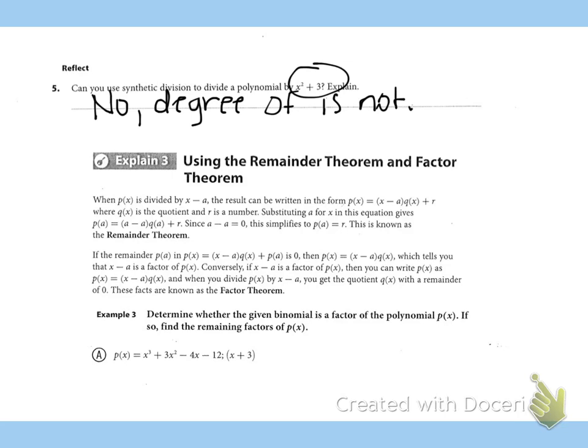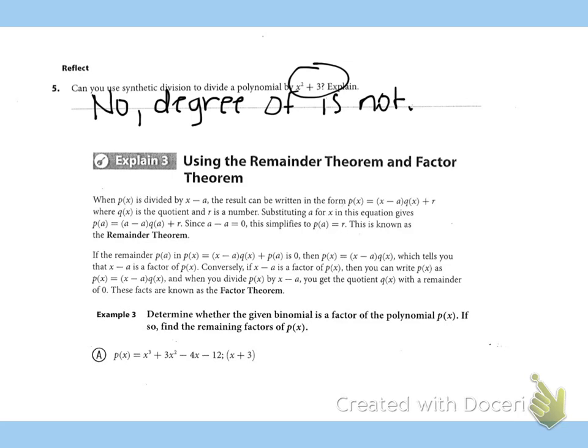Now, we've been saying all along we've been using the remainder theorem, and we've been writing the quotients of these division problems in a certain way, where it was the divisor times the quotient plus the remainder, if there was one.